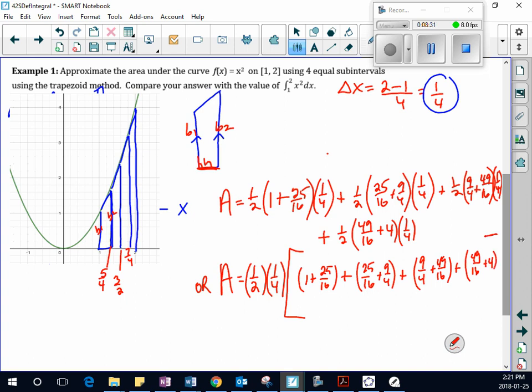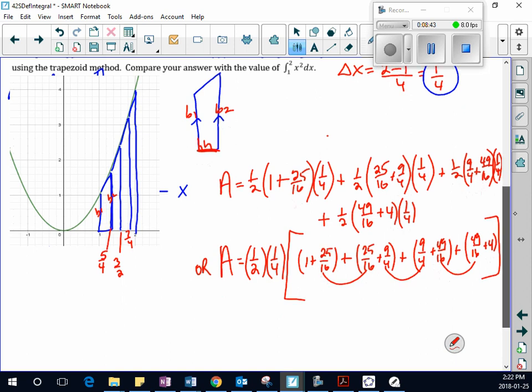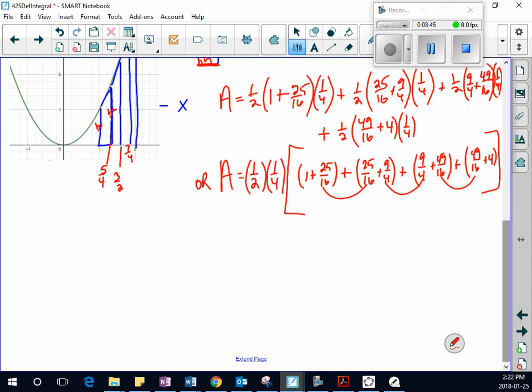Do you see another trend going on here? There's 2 of everyone in the middle. Do you see that? So this will actually simplify things a lot, right?